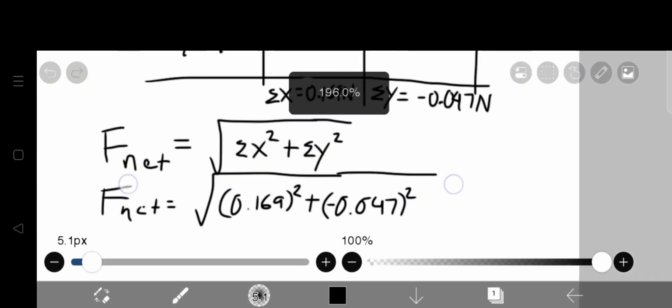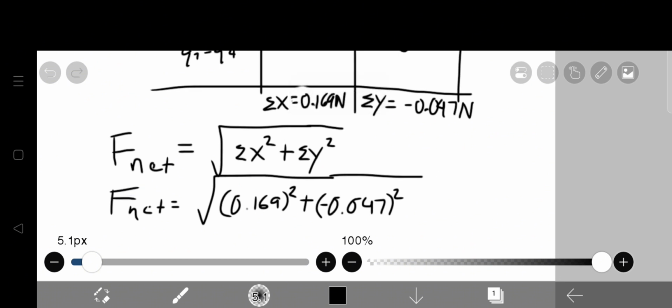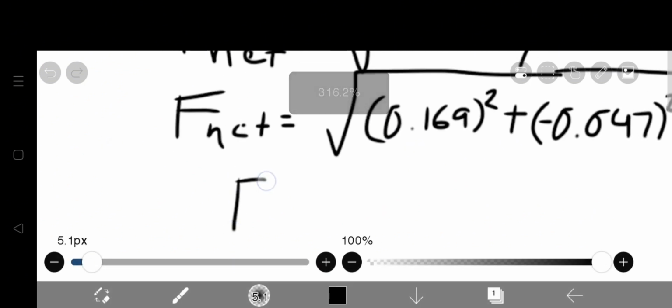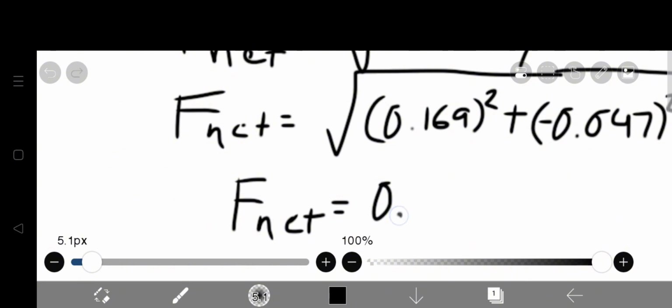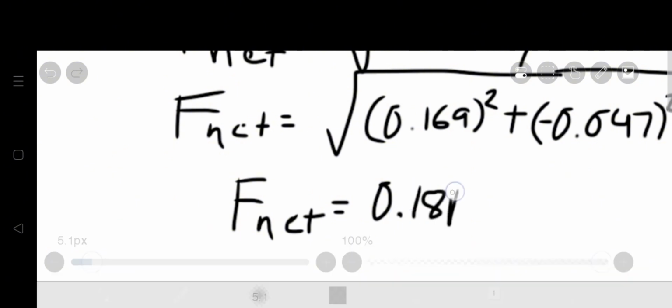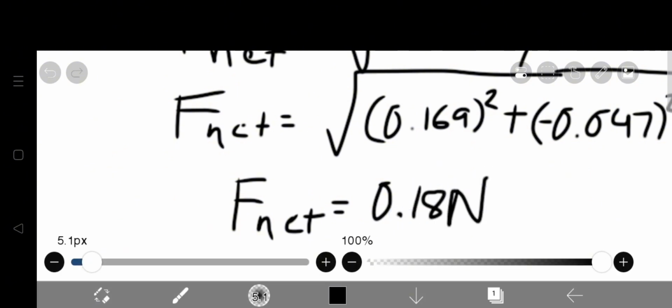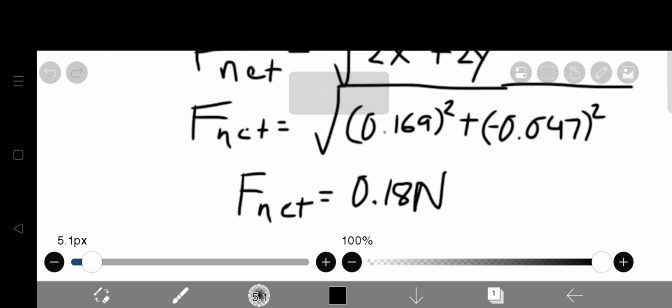Yan. So, input nyo lang yan sa inyong mga calculator and the F net would be 0.18 newtons. Yan yung F net nung Q1.